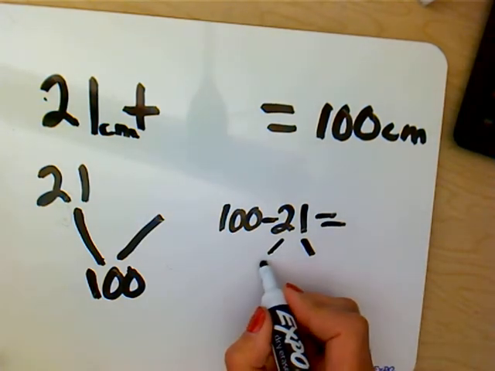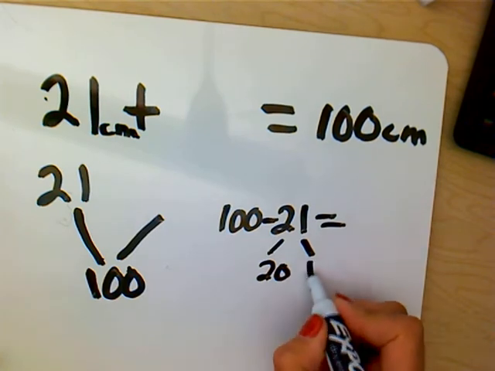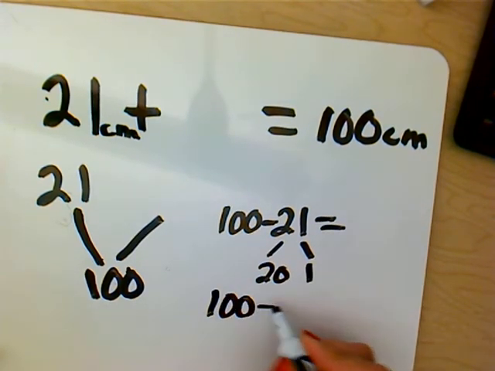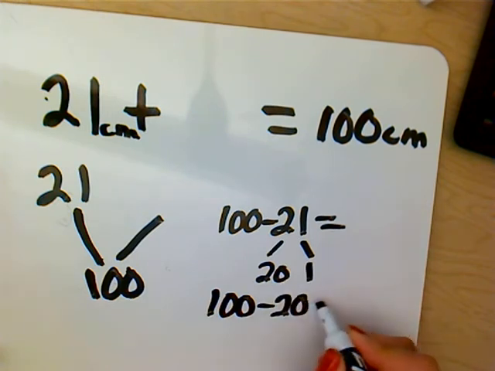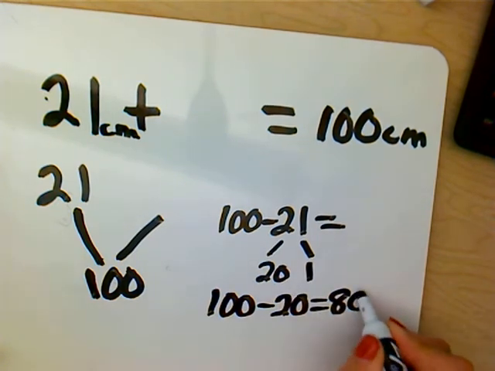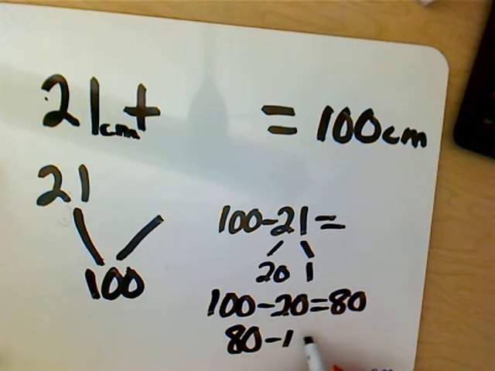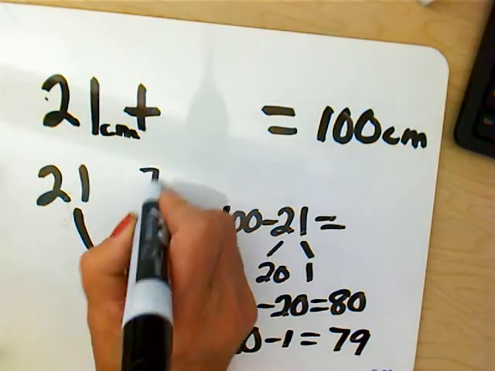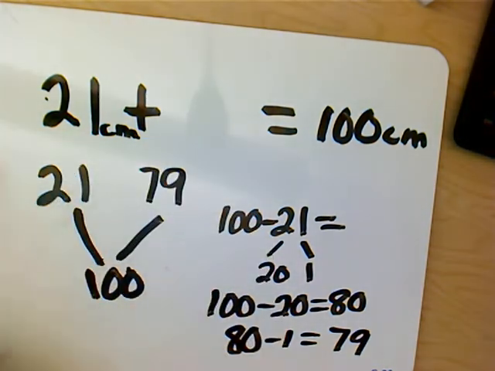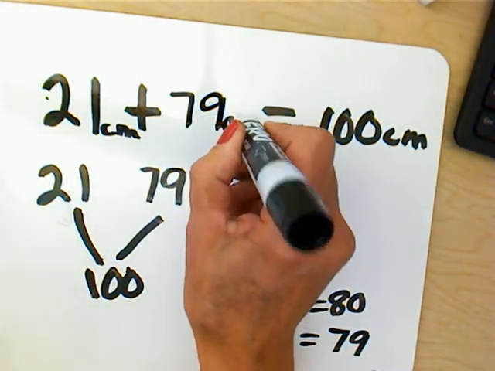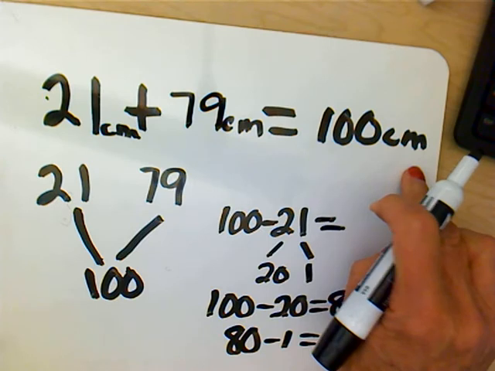I'm going to break it apart into 20 and 1, because it would be easy for me to take 100, subtract 20, which would give me 80, okay? And 80 take away that 1 that's left would give me 79. Therefore, I know that the other side of my number bond would be 79. So 21 centimeters plus 79 centimeters would give me 100 centimeters.